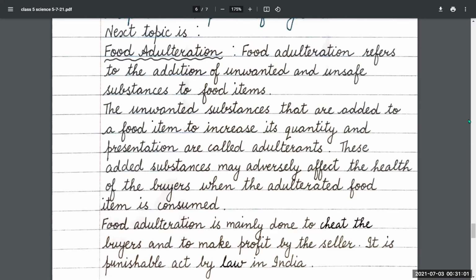Added substances may adversely affect the health of the buyers when the adulterated food item is consumed. Adulteration is mainly done to cheat the buyers and to make profit by the seller. It is a punishable act by law in India.